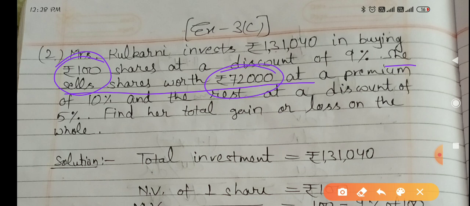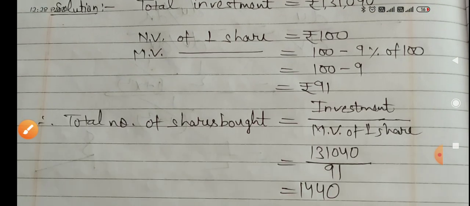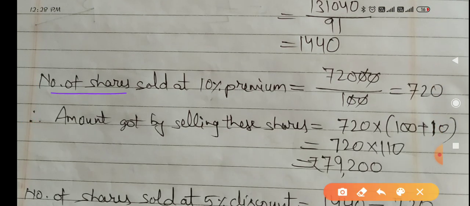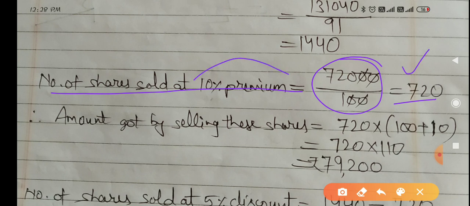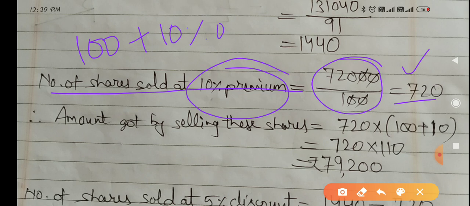So first of all we will find for how many shares the NV is 72,000. You divide 72,000 by this NV. Number of shares sold at 10% premium is 72,000 divided by 100, which is 720, and she is selling 720 shares at a premium of 10%. 10% premium means 100 was NV plus 10% of 100, so it will come 110.